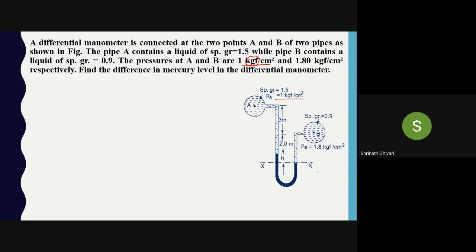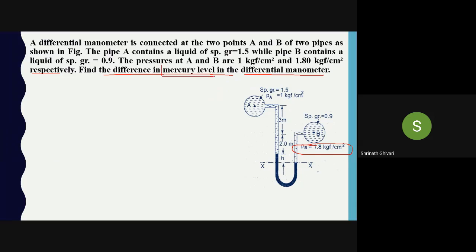It is kilogram force. 1 kgf is kilogram force. That is another unit of force. And pressure at B is 1.8 kgf per centimeter square, respectively. Find the difference in mercury level in the differential manometer.